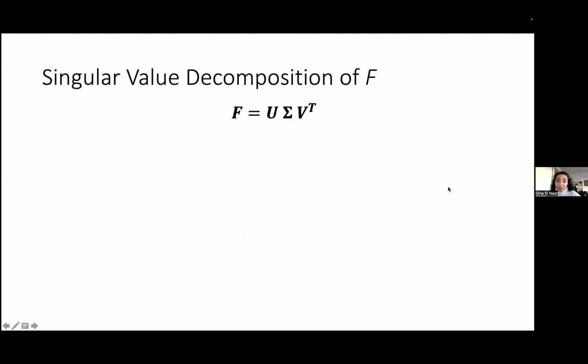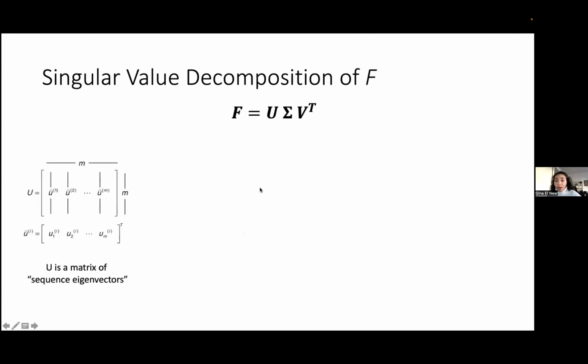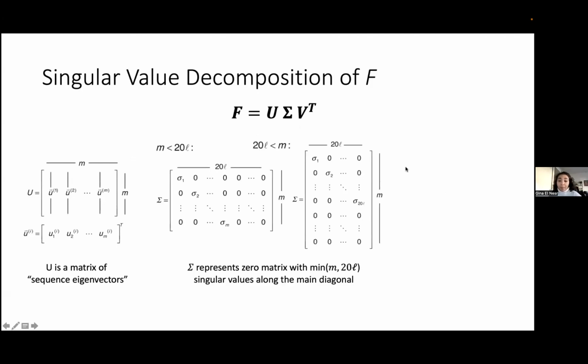So now you have that singular value decomposition. U is a matrix that represents sequence eigenvectors, so each of the eigenvectors is represented by that sequence. Then you have the sigma matrix, a zero matrix with the minimum of M or 20L singular values along the main diagonal.